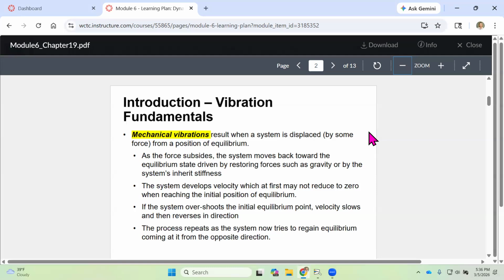It says here, as the forces subside from a vibration, the system tries to move back towards that equilibrium state. Usually what has happened is something has changed. You've been knocked out of your equilibrium, whether in a dynamic state or at rest, by an external force. And the system itself naturally tries to go back.